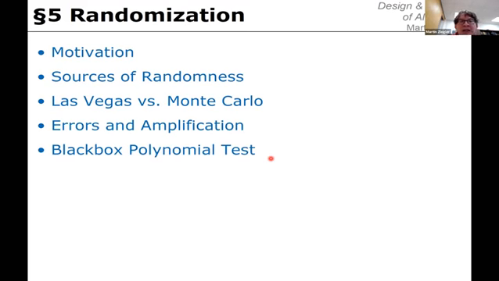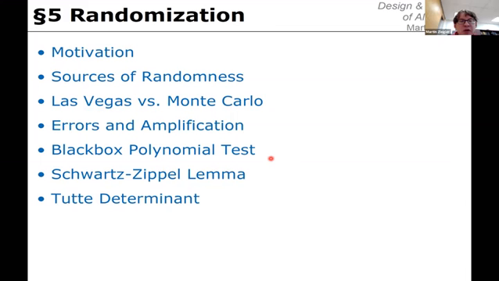Then we'll discuss a first important example problem, namely blackbox polynomial tests. We'll analyze this very simple algorithm rigorously using the Schwarz-Zippel lemma. Then we will apply this algorithm to a special kind of polynomials, namely so-called Tutte polynomials. And we will use this application in order to derive a very efficient and simple algorithm for checking perfect matchings.